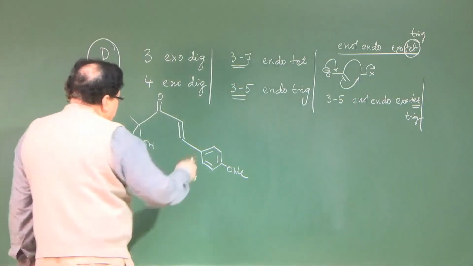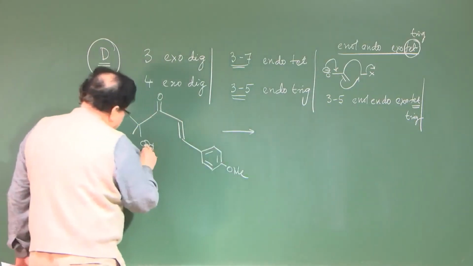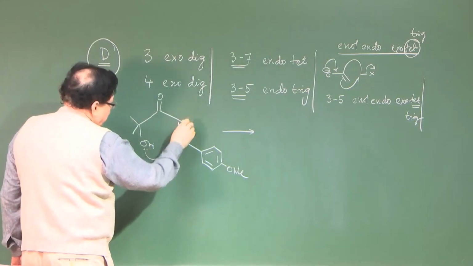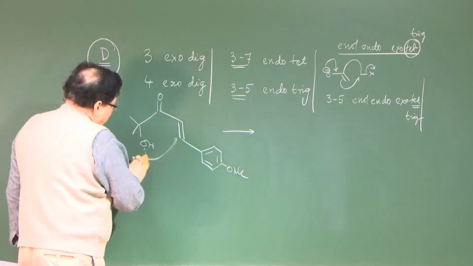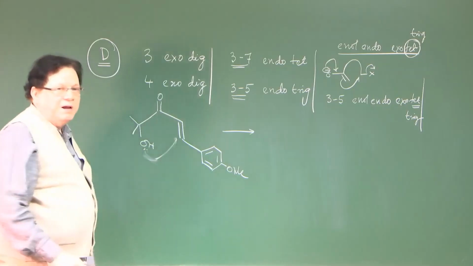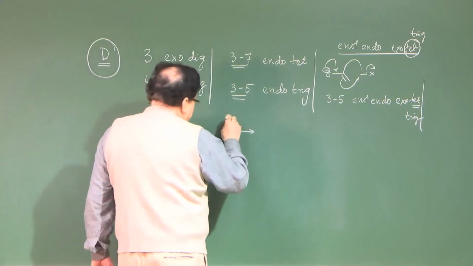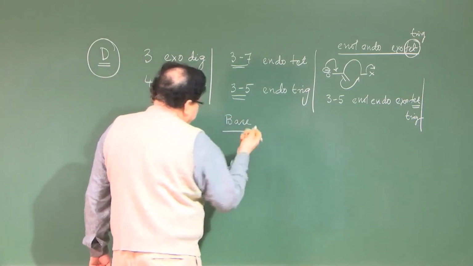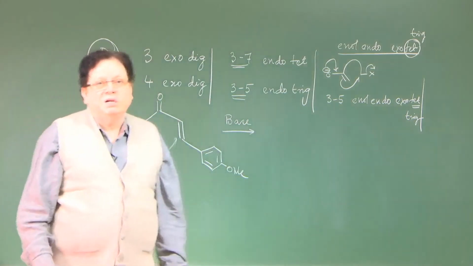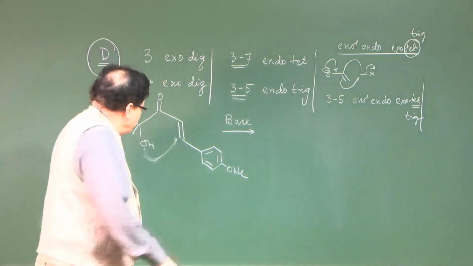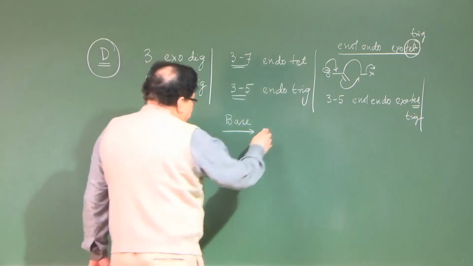So, if you want to attempt a cyclization like this in a Michael fashion, you have to make a powerful nucleophile, and that is by the use of a base. If you use a base like potassium tertiary butoxide, that will make the O minus. However, there was no reaction.